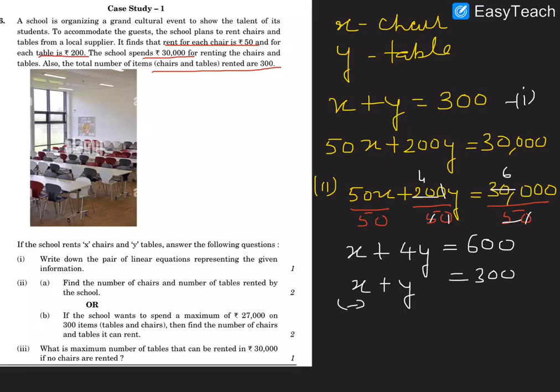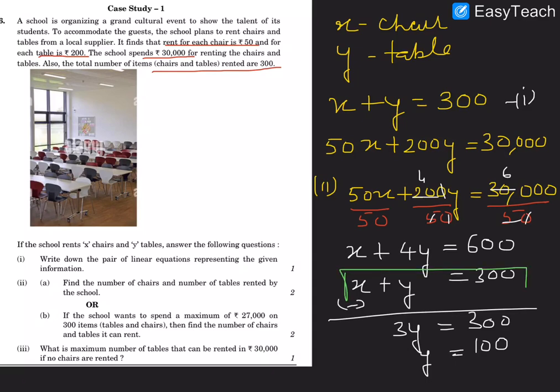Subtracting both by using elimination, 3y equals 300, so y comes out to be 100. As you know the value of y now, you can easily calculate x by substituting y in this equation.